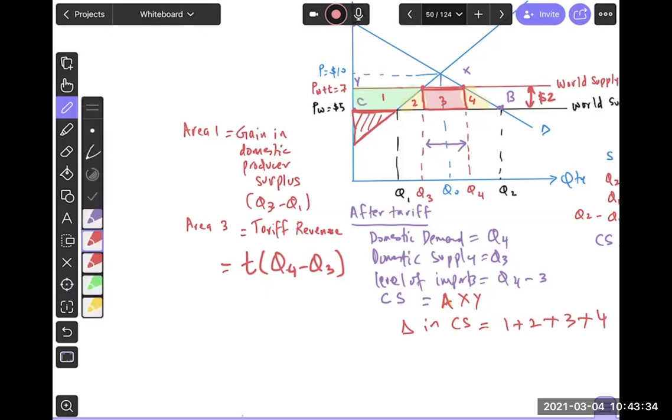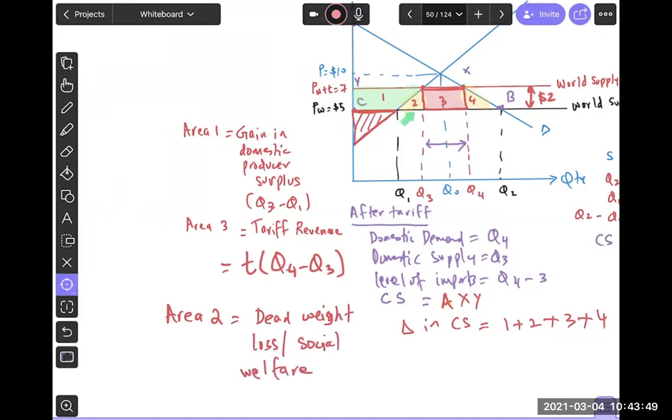What is area 2? Area 2, guys, we call it a deadweight loss or social welfare loss. Because this is a loss that is taking place. Why? Because when I say deadweight loss, this means this area 2 is not going to any party. And why do we have this loss?